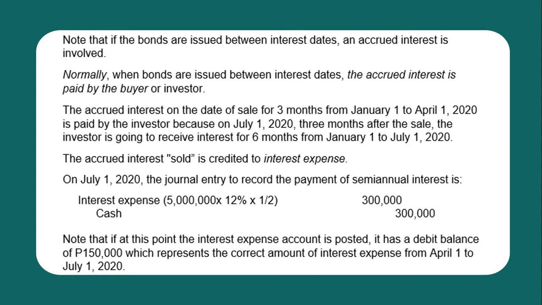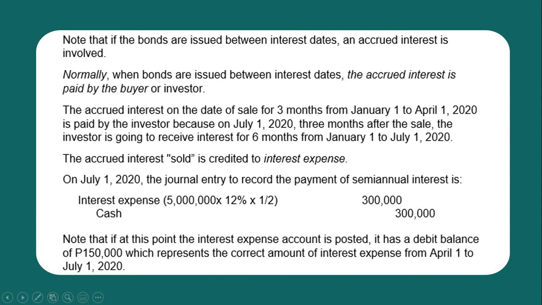But if we look at it, what the issuing entity actually pays the investor as net interest is the interest covering the period from the issuance date to the first interest payment. Again, this manner of recording is for convenience and also for tracing purposes.